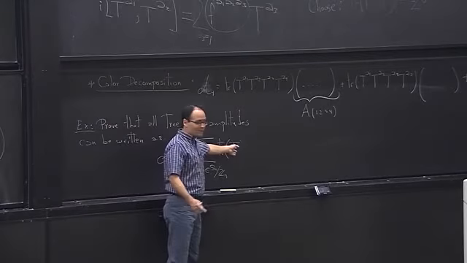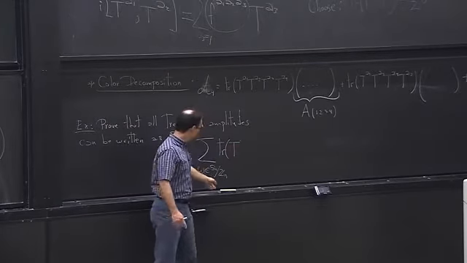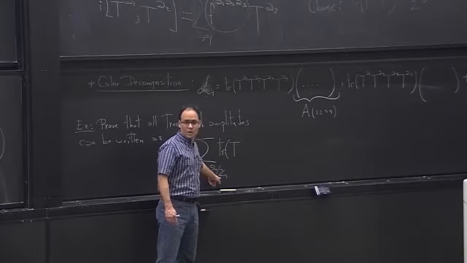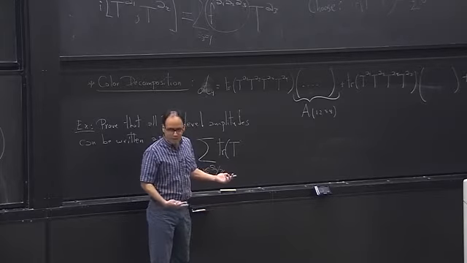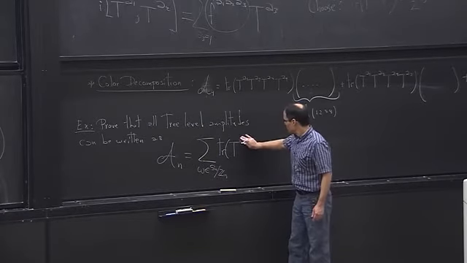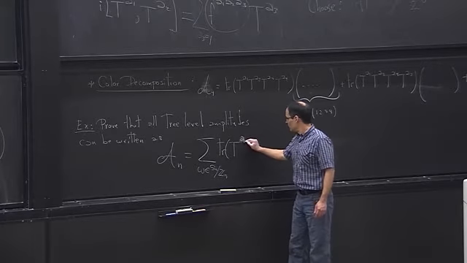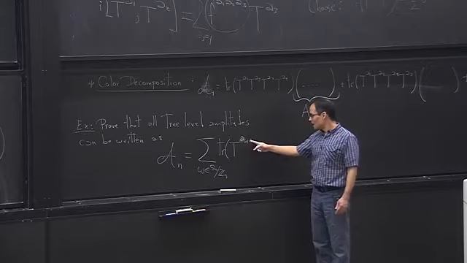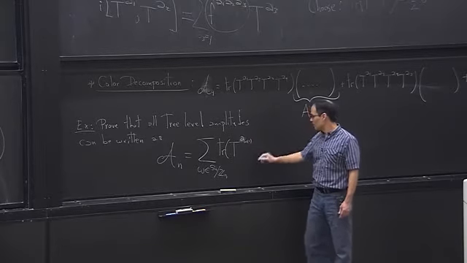Now, you will have until I finish writing this formula to figure out why I'm modding out by Z_n, why I don't want to overcount something. So here we have the omega(1) element.